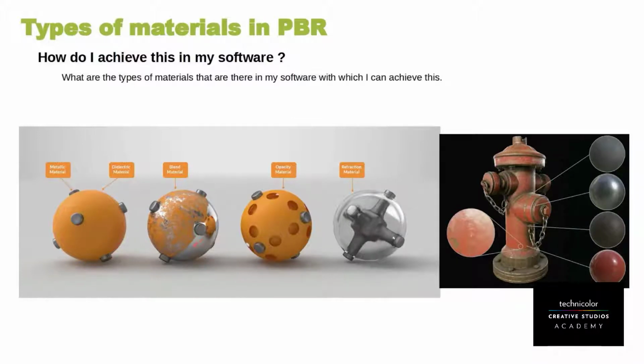You can see how the shine of the object is what is defining what the object is, and on the other side, a lot of it is being defined by the color, the orange color. Any material that is primarily driven by the color or the diffuse values, you call a dielectric material, and the material which is driven by its specularity and its shine is called a metallic material or a conductive material.